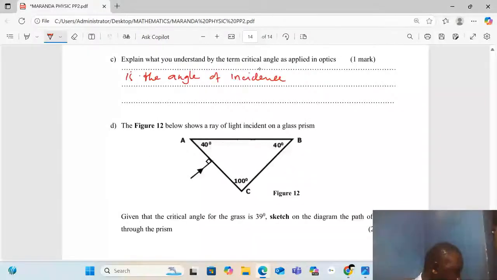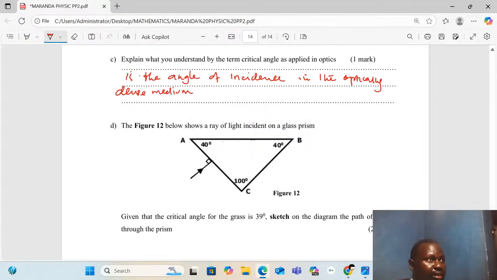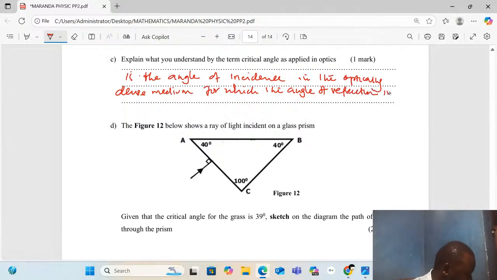It is the angle of incidence in the optically denser medium for which the angle of refraction in the less dense medium is 90 degrees.